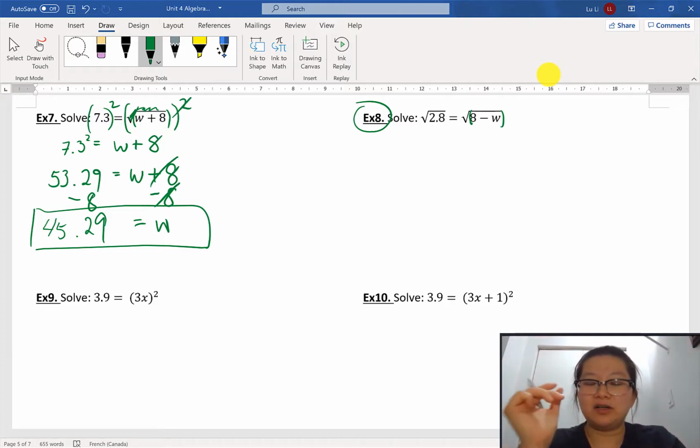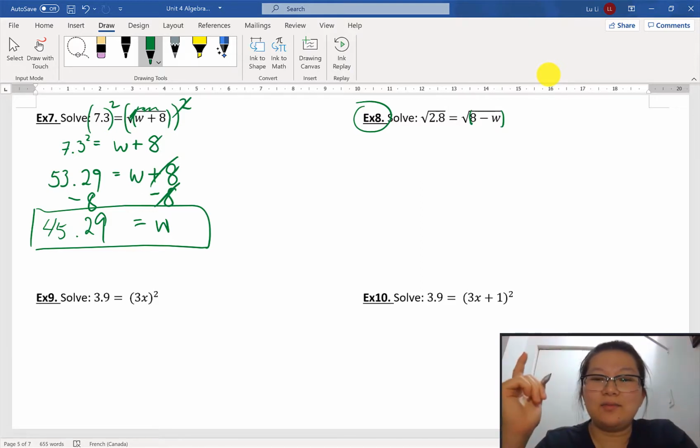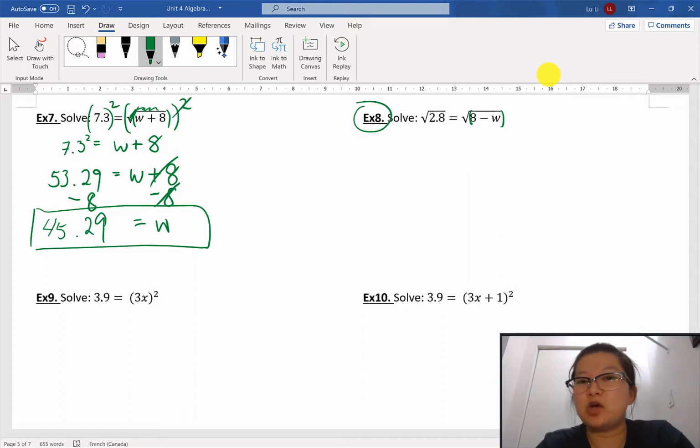Now your first impulse might be to try to calculate what is the square root of 2.8. Guess what? This is where shortcuts tend to come into play because we have to square both sides of the equation anyways to get rid of this radical sign on the variable side.